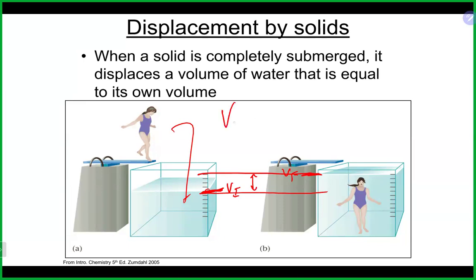So the volume of the object very easily can be found by doing that procedure like you did with that stopper, taking the final volume minus the initial volume. For density, that's a super common way to figure out the volume of an object. It just needs a little bit of water, and if it's a solid, you could just drop it in there.